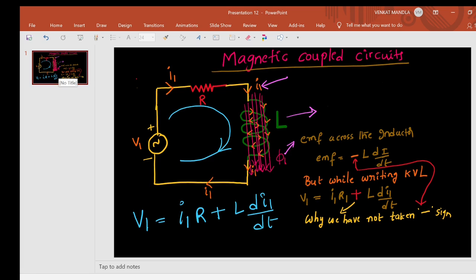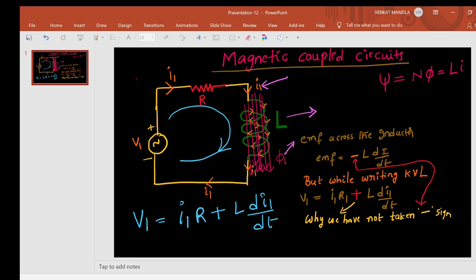We know that the flux linkage, let us say psi, equals the number of turns in the coil into the flux produced. That is called the flux linkage. That is equal to L into I. The flux linkage increases if I is increased. That flux linkage psi increases if phi is increased.